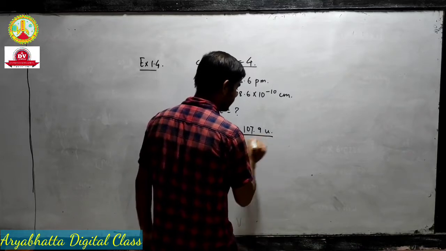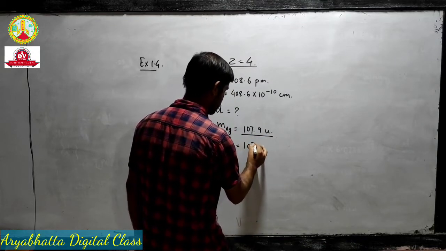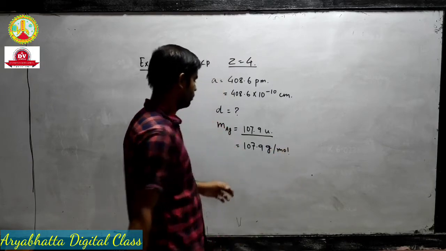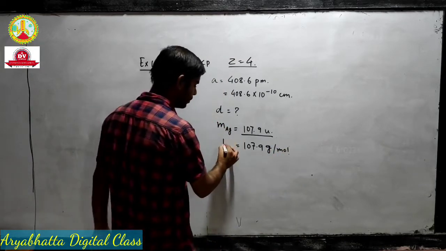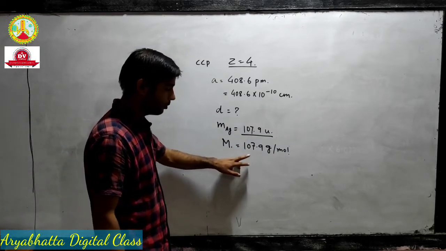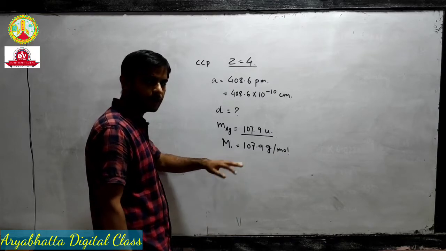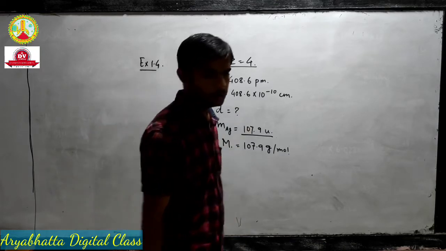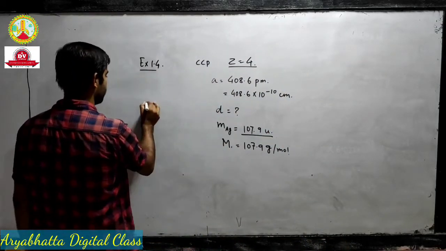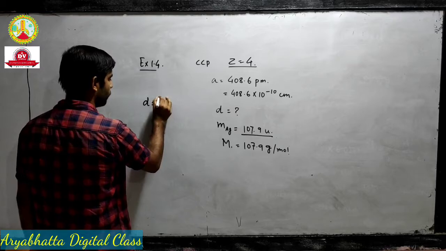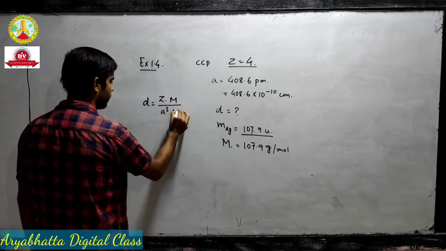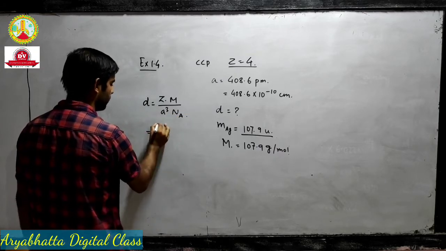So we can directly take it as gram per mole. Actually, I told you in the last example that you can convert it to molar mass. In copper we have seen that 63.1 gram per mole was the molar mass, so we wrote 63.1 atomic mass units. So this is the molar mass. Now we know the density has a formula of Z M over A cube Na. Just place all the numbers.